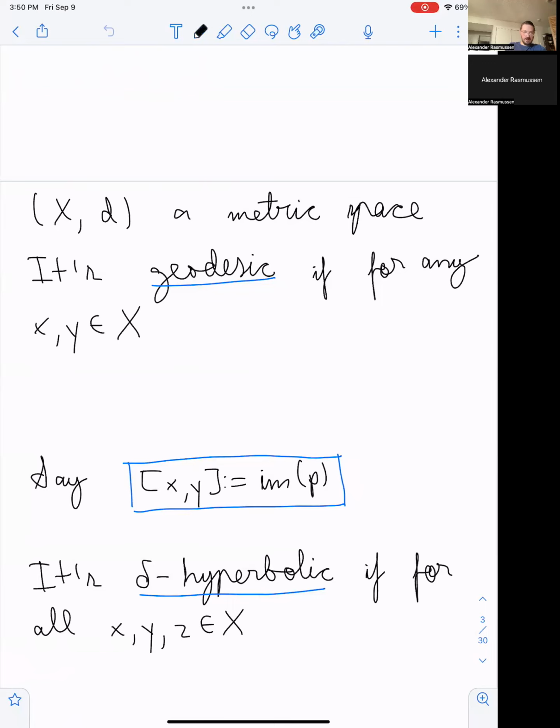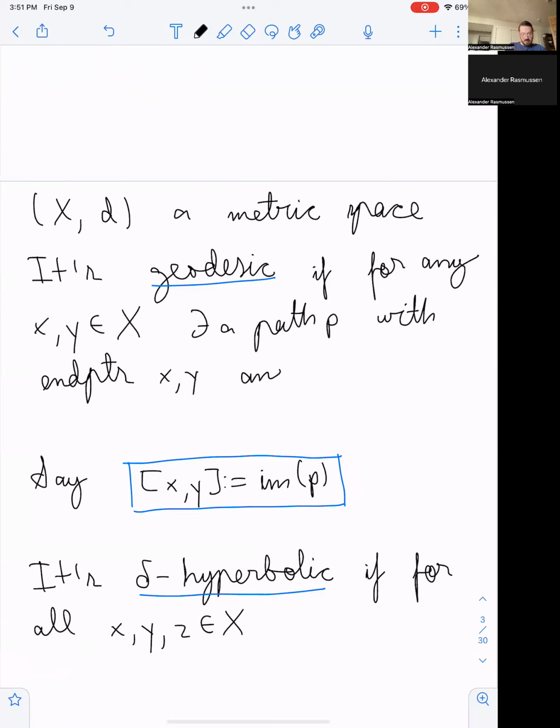So for any x, y in X, there exists a path P with endpoints x and y and length equal to the distance between x and y. So this is just a length minimizing path between its endpoints, and a geodesic metric space has one such thing for any pair of points.